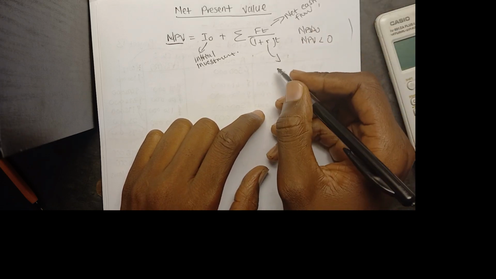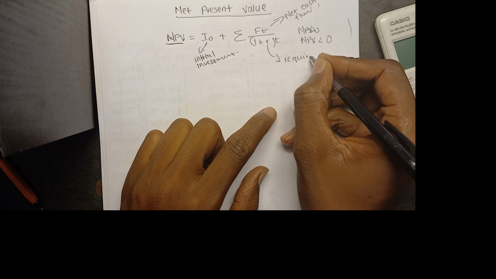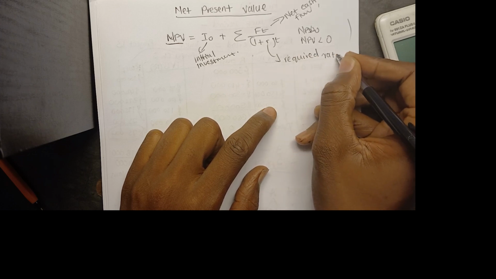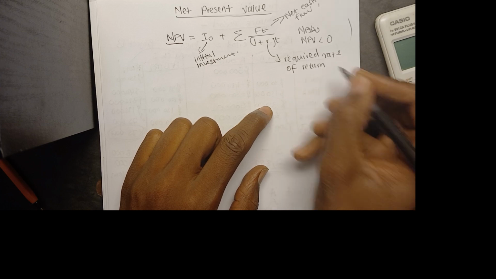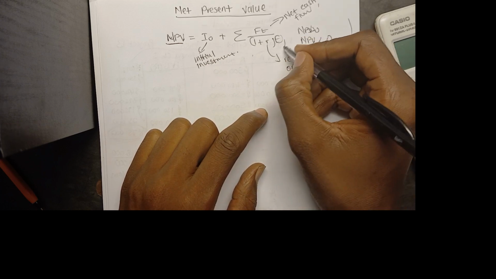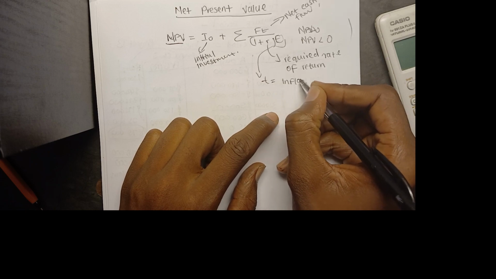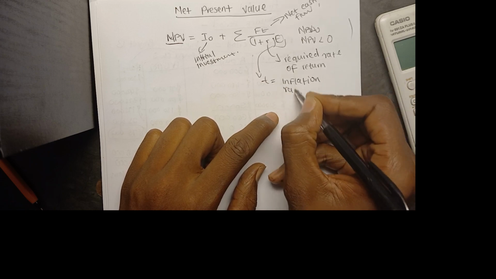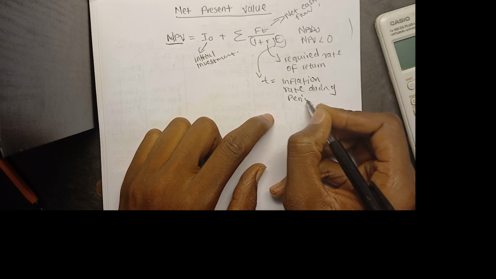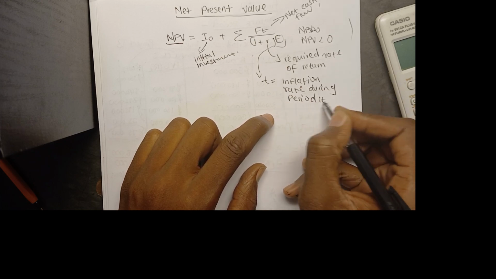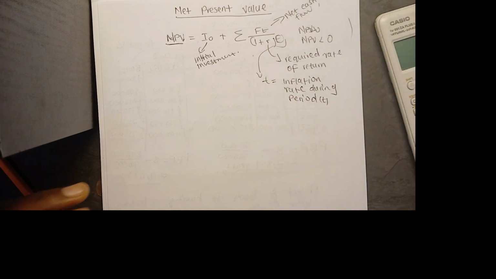This one is our required rate of return. And this one, you can see it's T, so that means the period of time. Basically, I've explained everything.